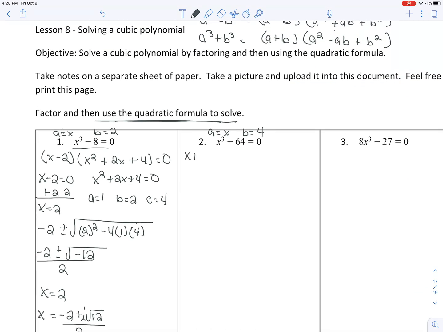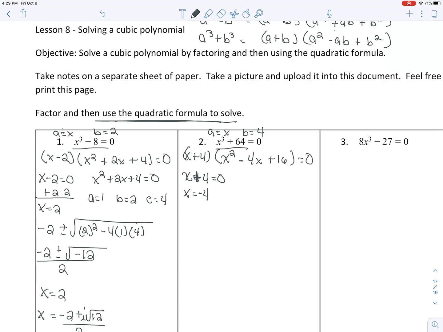So using our formula, we have x plus 4, and then we have x squared minus 4x plus 16. Same, opposite, always positive. So our first one, this is equal to 0. So our first solution is easy. This is x plus 4 is equal to 0. So x is equal to negative 4.